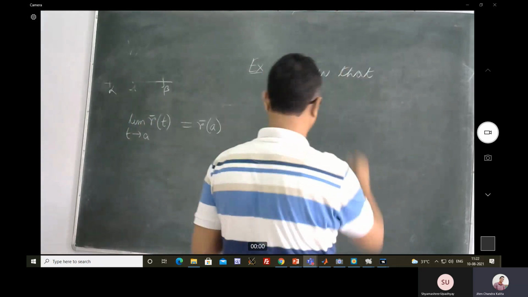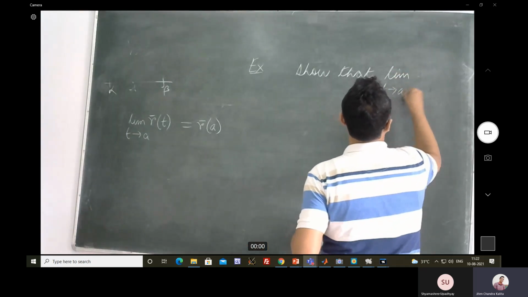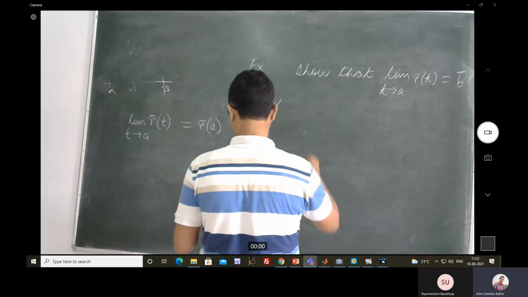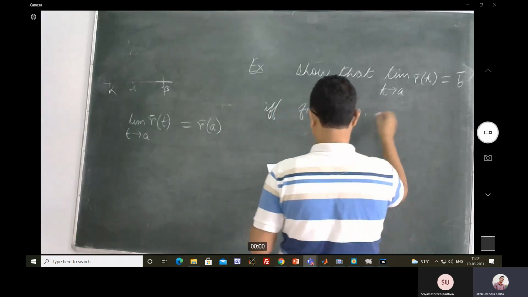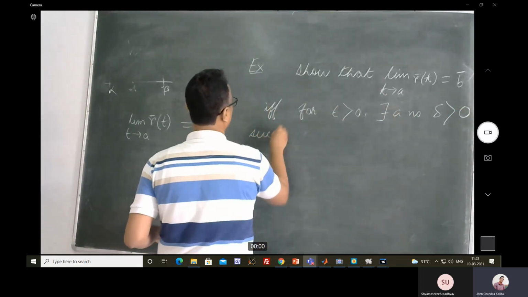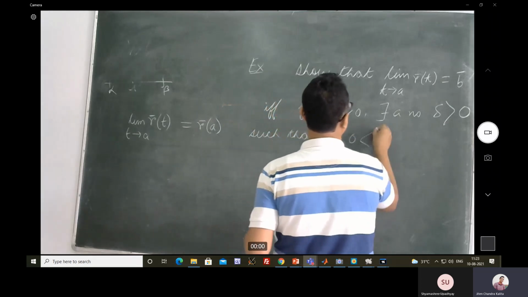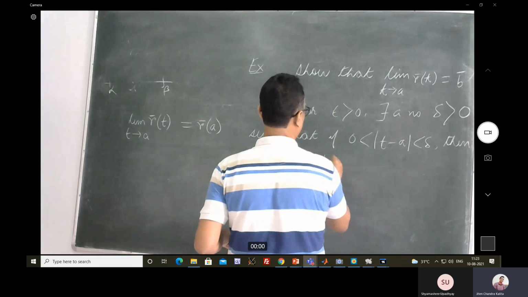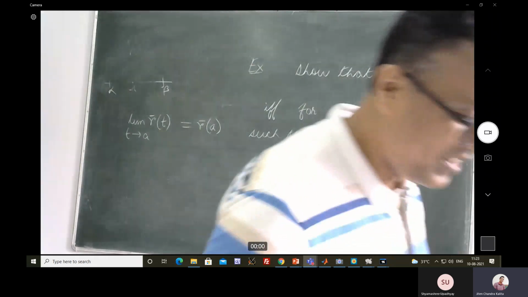And this was about continuity. So this is about the theorem of limit. The limit as t tends to A of RT is equal to B if and only if for epsilon greater than 0, there exists a number delta greater than 0 such that if 0 is less than the modulus of t minus A is less than delta, then the modulus of RT minus B is less than epsilon.